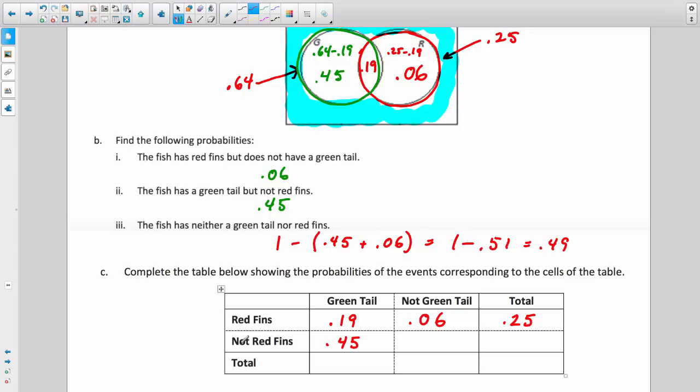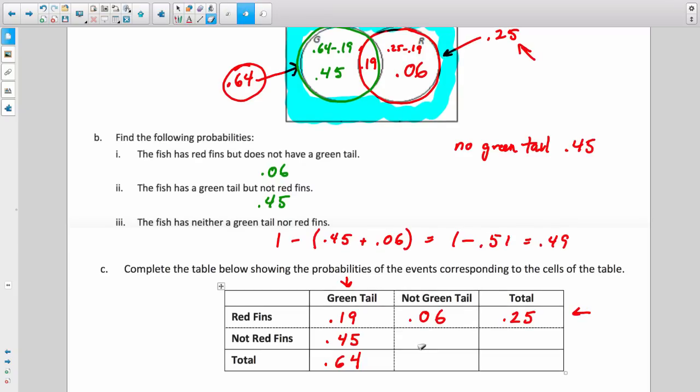Well, first let's total this. So down here we get 64, which is correct because we had 64% with green tails. Nice. And we had 25% with red fins. Perfect.